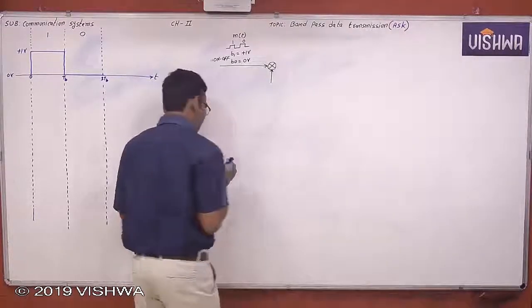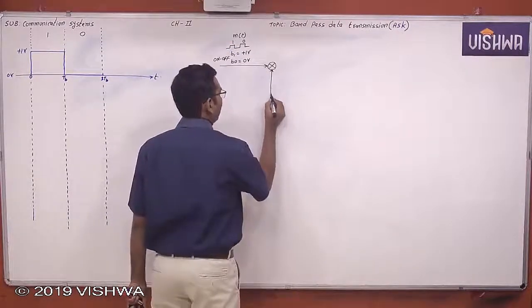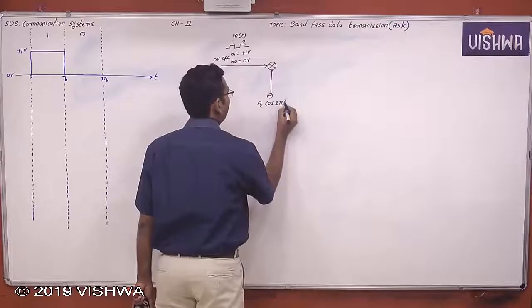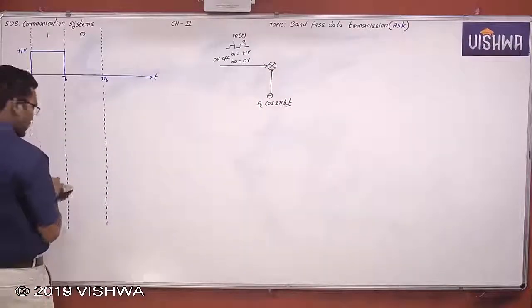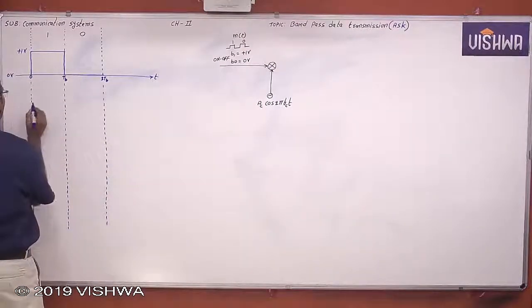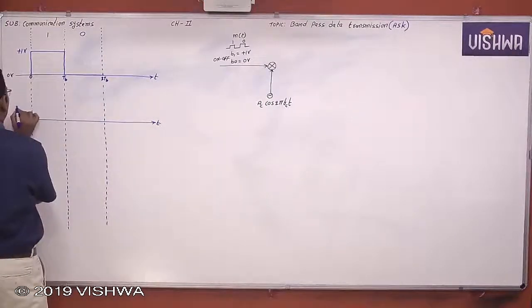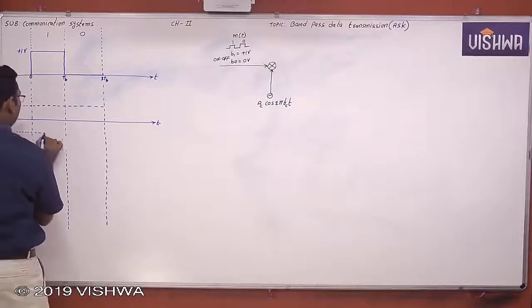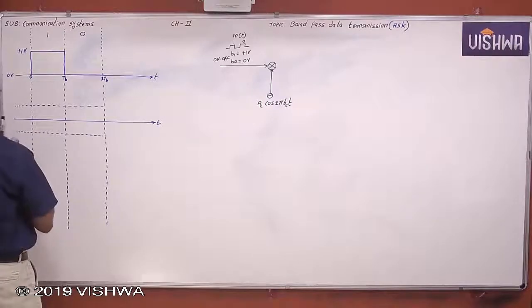This alone cannot be transmitted, therefore we take the help of an analog carrier, AC cos 2 pi FC t. The peak amplitude of the carrier is AC.